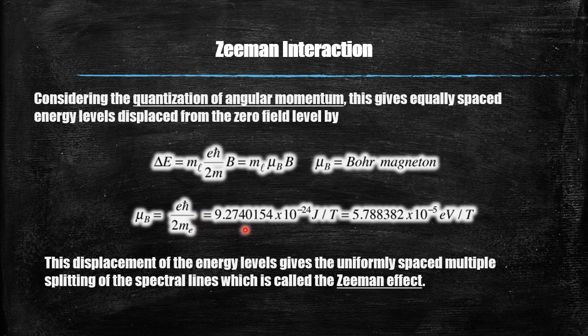So for the calculation part I just added this, and del E is equal to ml e h cross by 2m into B.